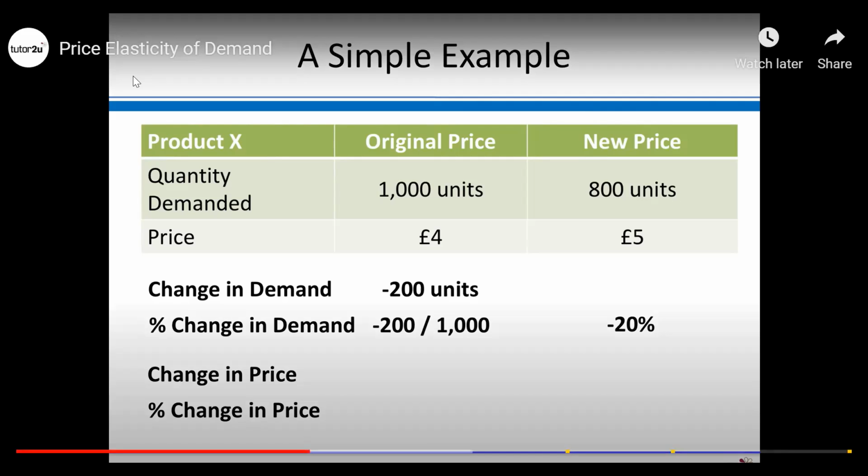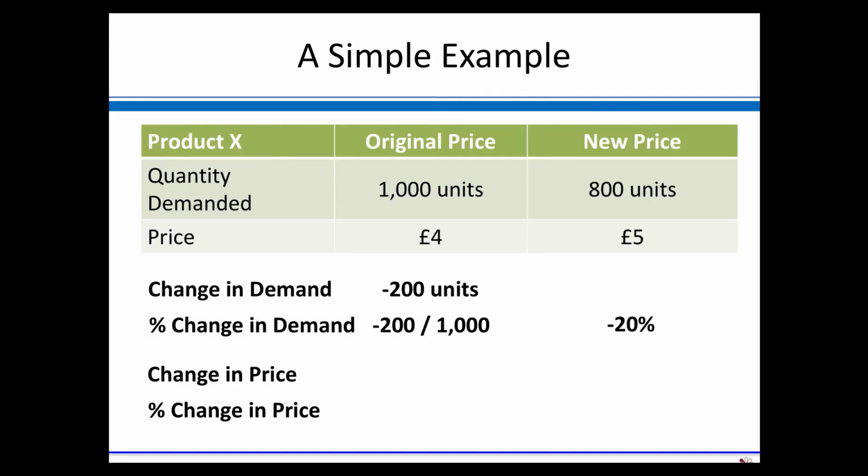A 20% fall in demand. What's happened to price? Price has risen by £1. Originally it was £4. So the change of £1 expressed as a percentage of the original price of £4, price has increased by 25%, if you work that calculation out.